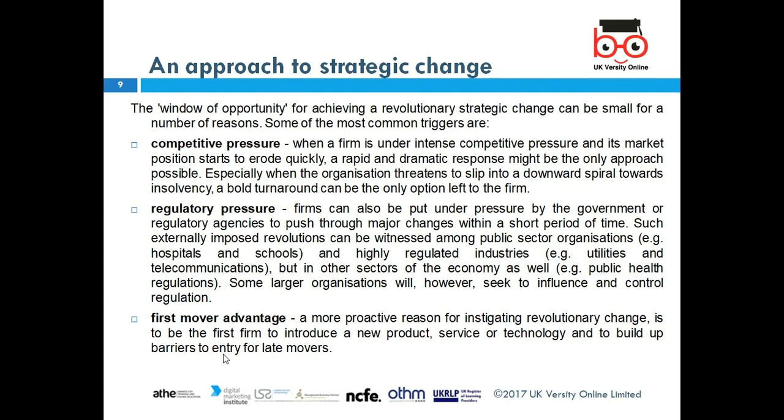Okay. The window of opportunity for achieving revolutionary strategic change can be small for a number of reasons. Some of the most common triggers for why we need to change. First, competitive pressure. Think about an industry where there used to be one competitor, then two, then three, then gradually competitors carry on increasing.